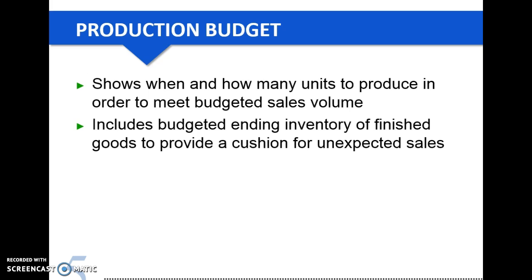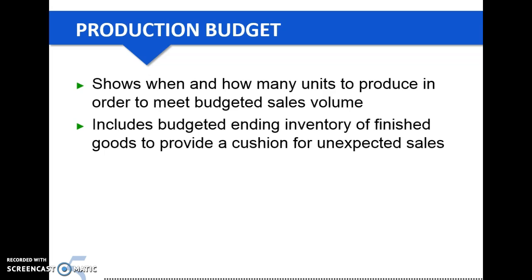Here you need to know an important piece of information: a company will never produce exactly the number of units that it needs to sell, because it needs to be prepared for any future requirement, any unexpected increase in sales. So it always produces some additional number of units to meet the sudden unexpected demand for the product or sudden increase in the sales.